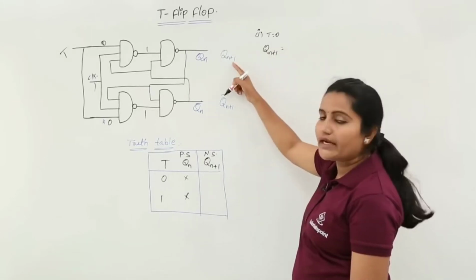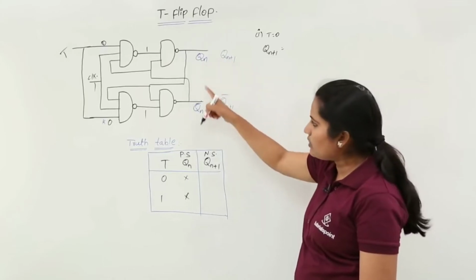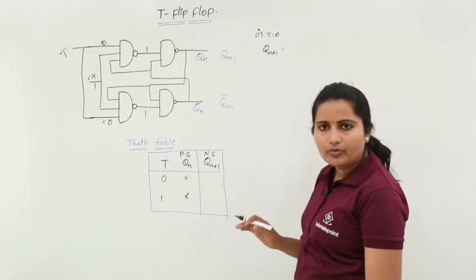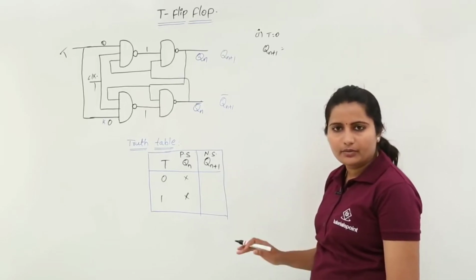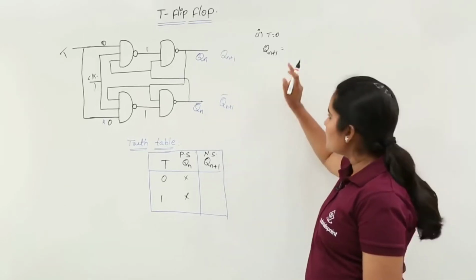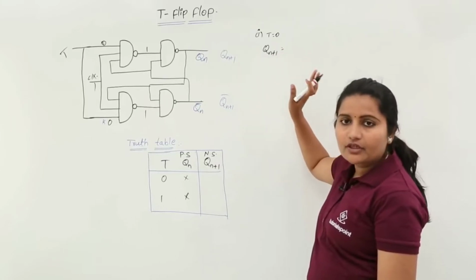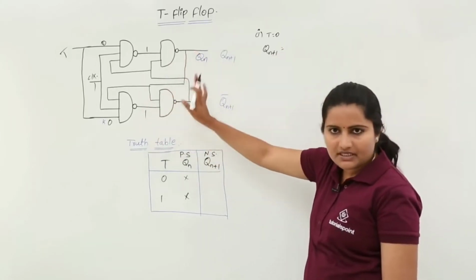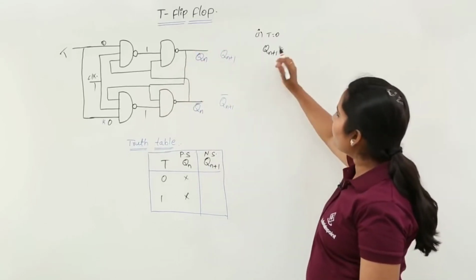Every time you need to write the equation for Qn plus 1. These two are not outputs, these are just present states. Every time the output of your sequential circuit or flip flop is nothing but the next state. So every time you need to write the equation for Qn plus 1 by back propagating from these present states. Now I am writing Qn plus 1.